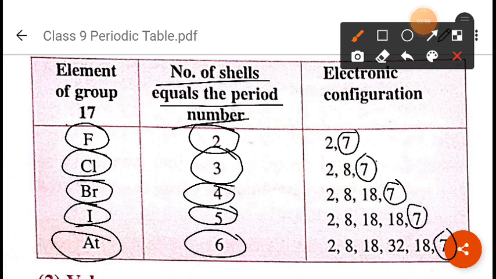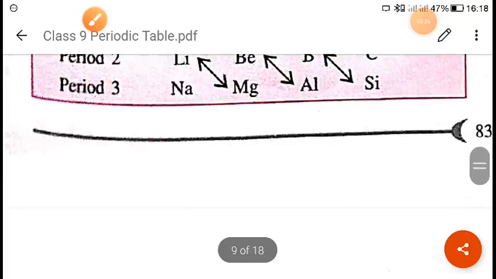So what I mean to say is that the number of electron shells in a given element is equal to the number of the period to which it belongs, okay? One more example to understand it clearly.